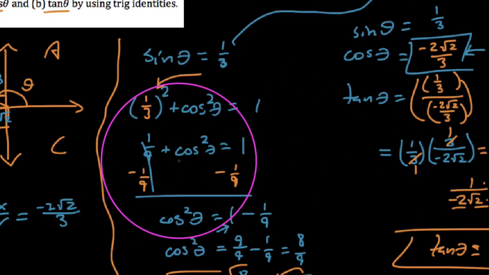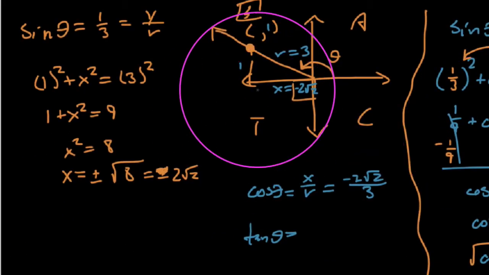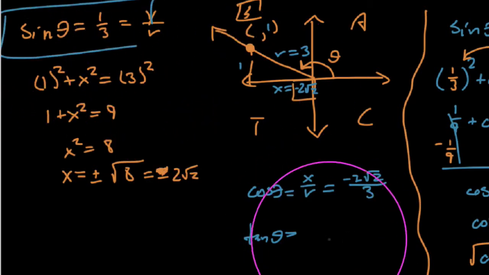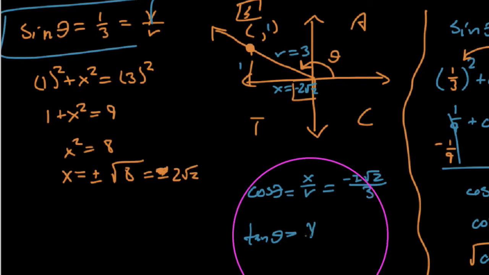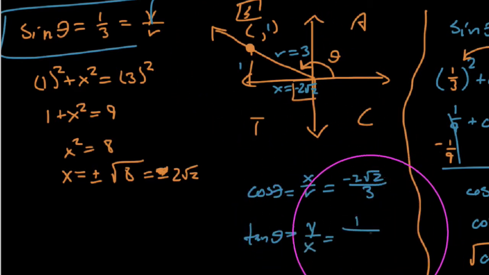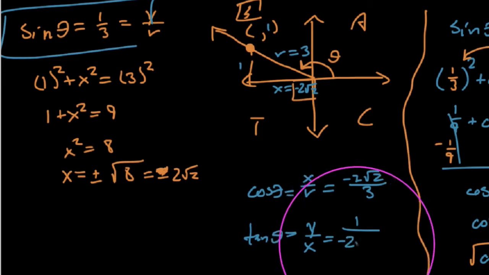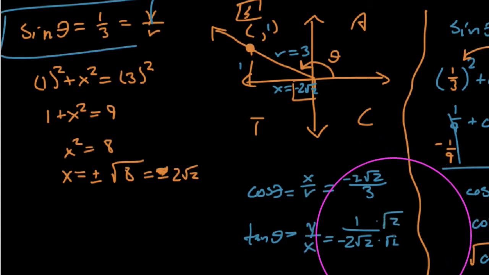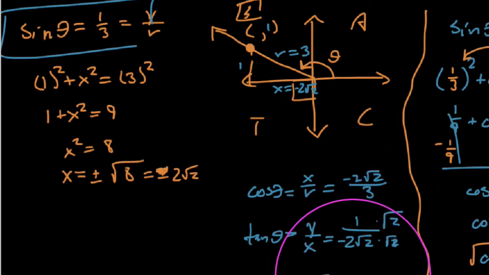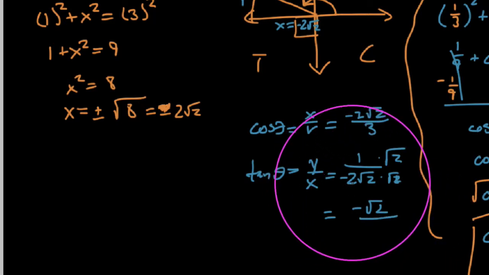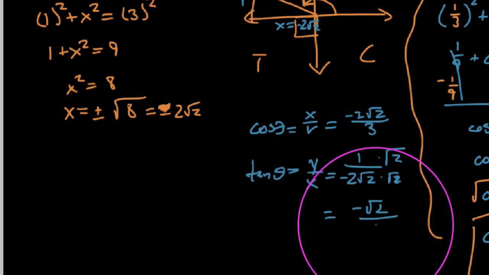So, choice between draw a picture and not draw a picture. Get in the habit of drawing your picture when somebody gives you information like this. And then the tangent value would be our y value over our x value. Our y value here I can see is a 1, and our x value is a negative 2 root 2. If you were to rationalize this, we would get negative root 2 over negative 2 times root 2 is 2.